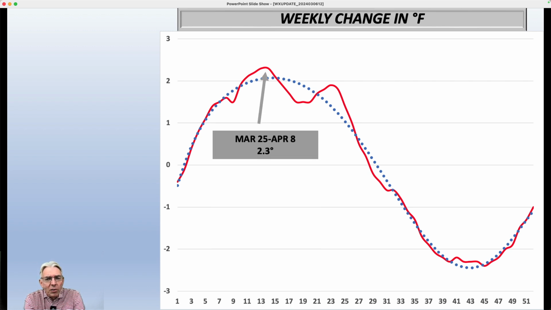From March 21st or 25th to April 8th, there's a little bit of a spike, where the rate of change of the increase of the normal highs peaks at about 2.3 degrees per week. Then it slows down a little bit, only to have a secondary peak of 1.9 degrees, which occurs from June 3rd to June 10th. To be perfectly honest with you, I do not know why there is a double spike like that. I found that very interesting.